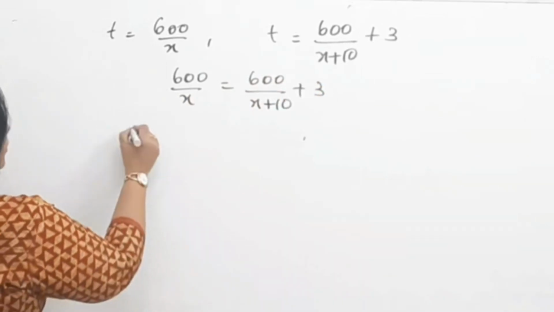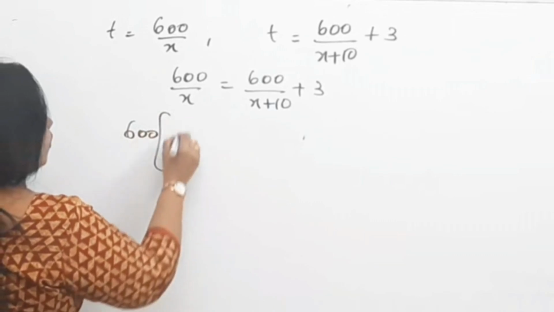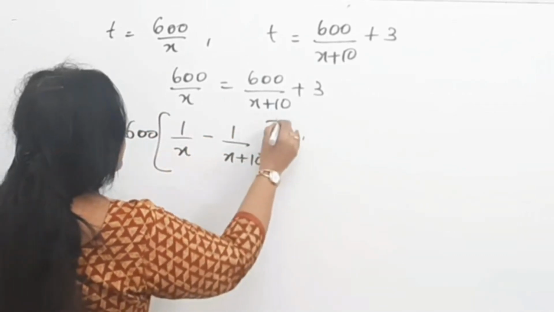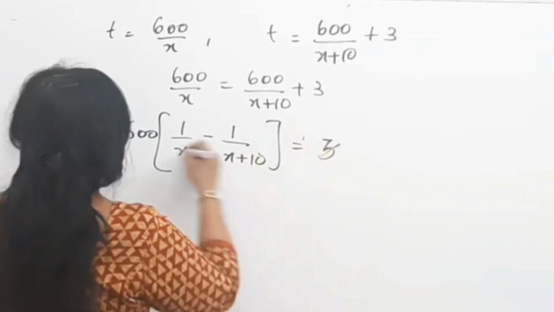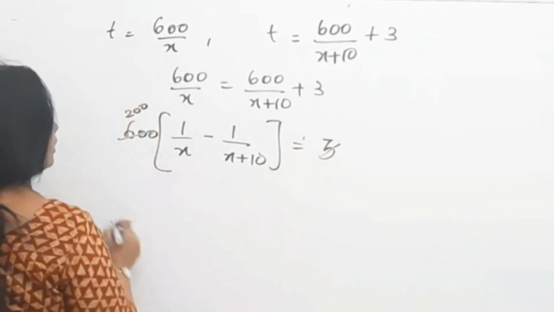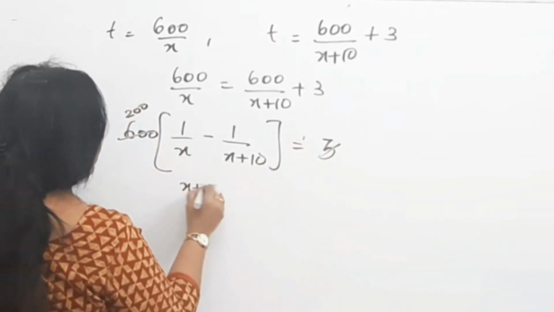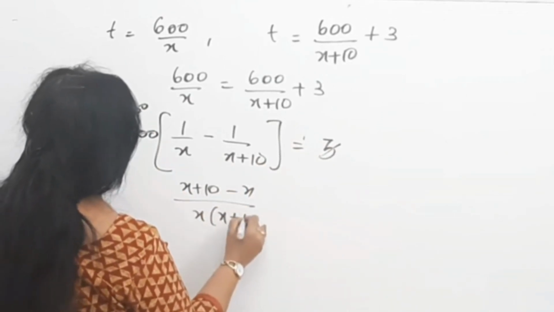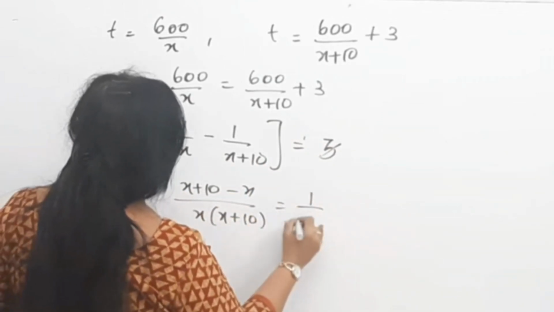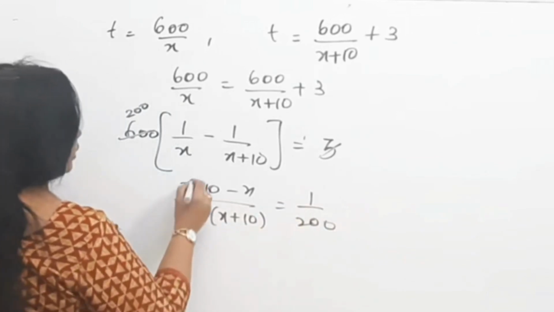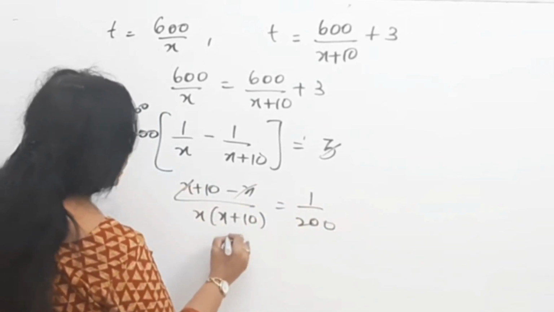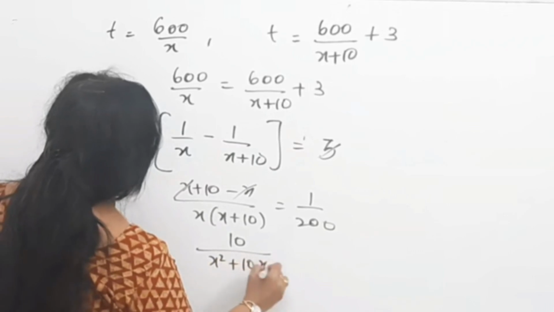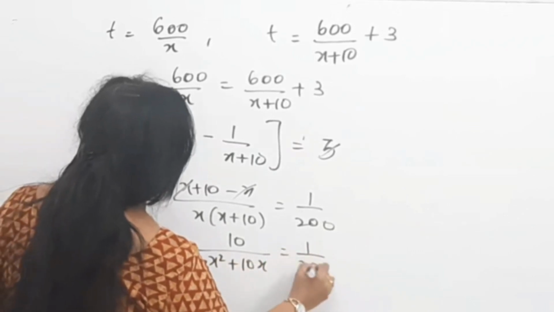So, 600 is taken outside, 1 by x minus 1 by x plus 10 is equal to 3 by 600, so this gets cancelled, 1 by 200. So, I have my LCM: minus x divided by x into x plus 10, that's equal to 1 by 200. So, x gets cancelled. So, that's equal to 10 by x square plus 10x is equal to 1 by 200.